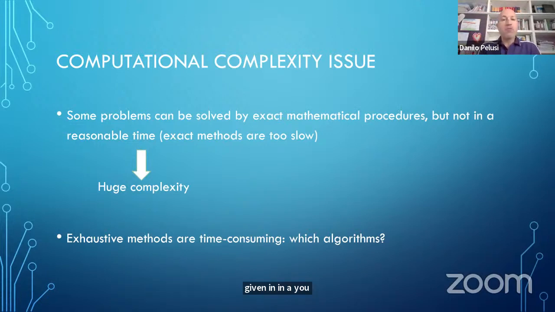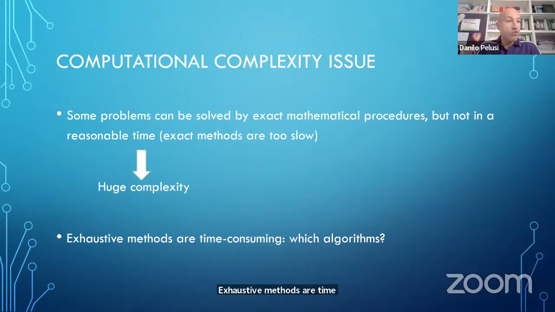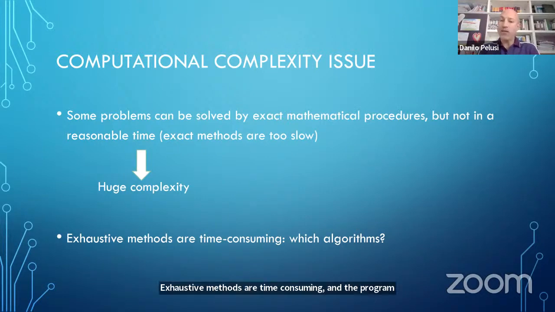And this is why there is a huge complexity to solve this kind of problem. In other terms, exhaustive methods are time-consuming, and the problem is which algorithms we have to choose to solve this kind of problems, where there is a huge complexity.